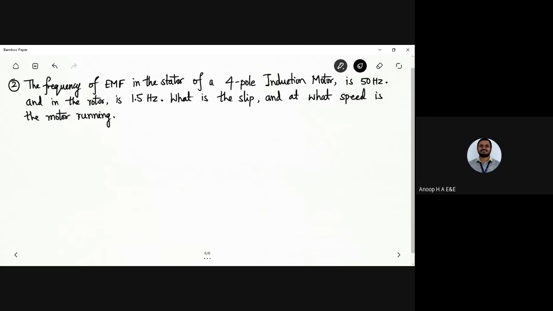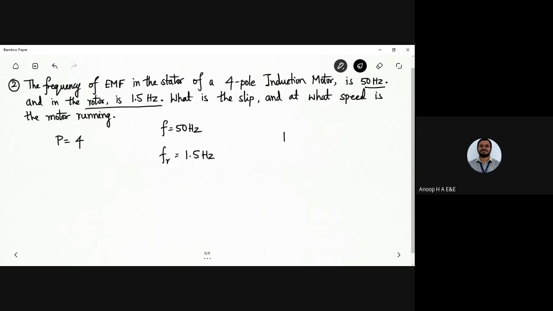All right. Now, the frequency of EMF which is given in the stator, we take this to be the supply frequency. 50 hertz is taken as the supply frequency, and fr, the frequency in the rotor, is 1.5 hertz. The number of poles in the machine is 4.